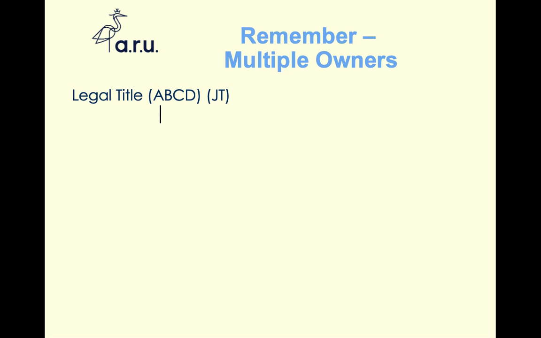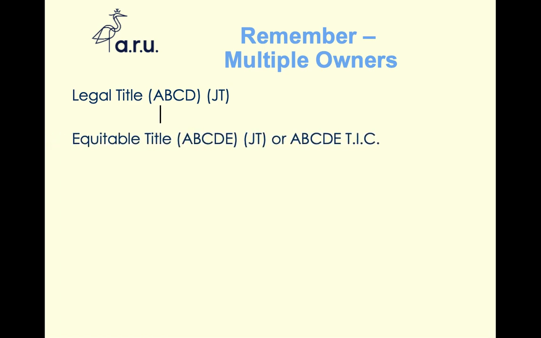We're about to have a quick look at some of it now. So we've got A, B, C, D as joint tenants, and recognising that A, B, C, D and E can be joint tenants, or you could have A, B, C, D, E as tenants in common for a fifth each or 20% each. Looking at the idea that we cannot sever the legal title.